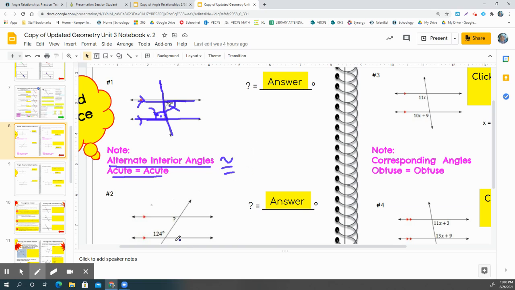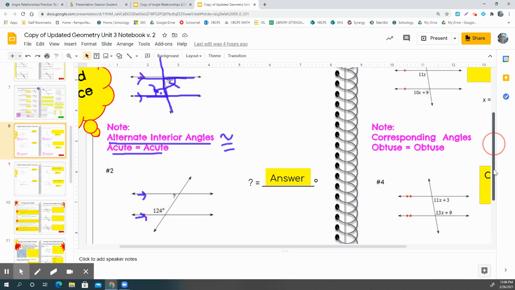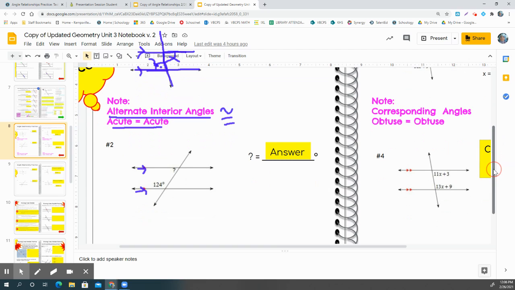What if I go down and I look at number 2? Here I've got some parallel lines and some parallel lines. But I have an acute angle where the question mark is and an obtuse angle where the 124 is. And I think there's a pink note underneath that.